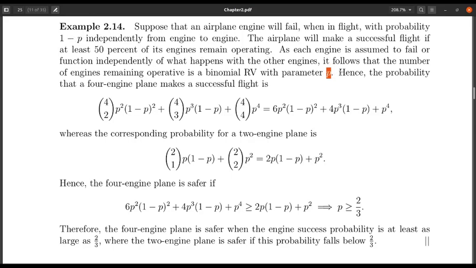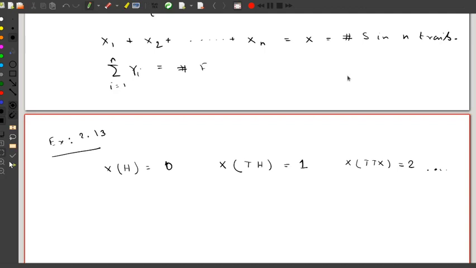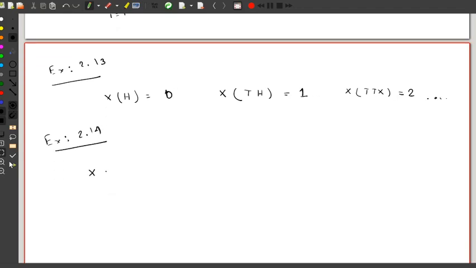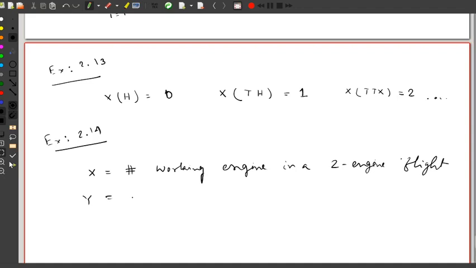Okay, so now what do we have? Suppose we have two random variables. One is x, which is the number of working engines in a two engine flight, and y is again the number of working engines in a four engine flight.